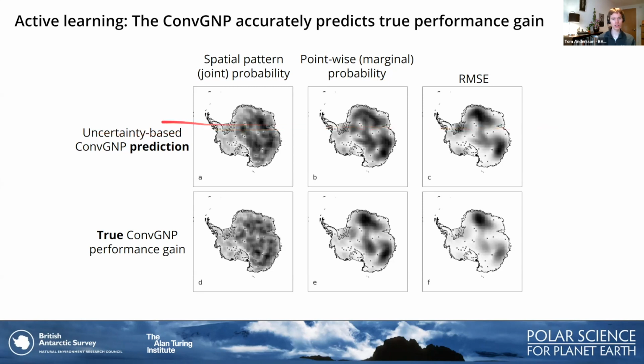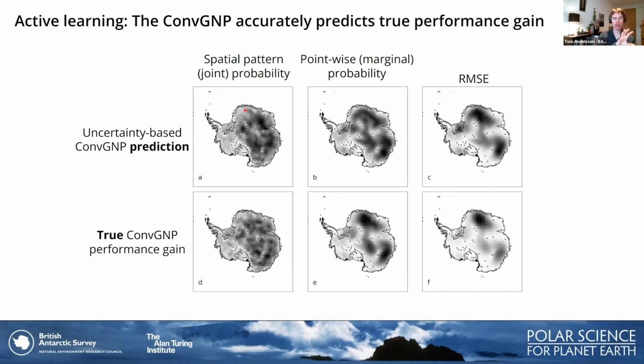So the first row is showing heat maps of the ConvGMP's prediction for the decrease in uncertainty when a new sensor is provided to the model at that location. So each pixel is the value of how much the uncertainty decreases when a new sensor is added at that point. And the way that works is the model pretends it has an observation at that point. So we basically pass the model its own prediction and look at how much the uncertainty goes down.